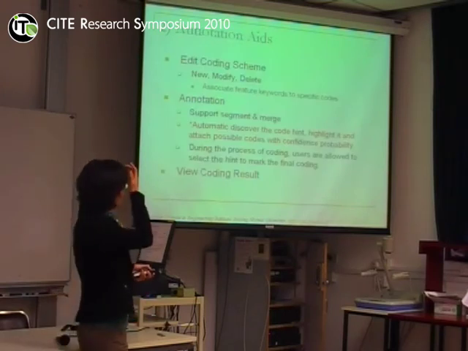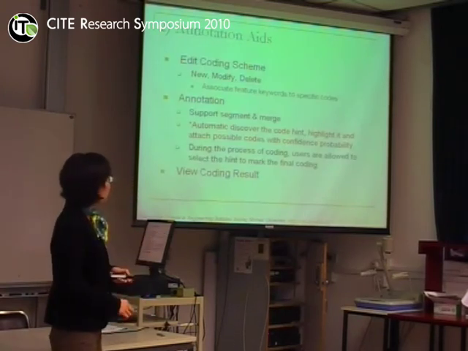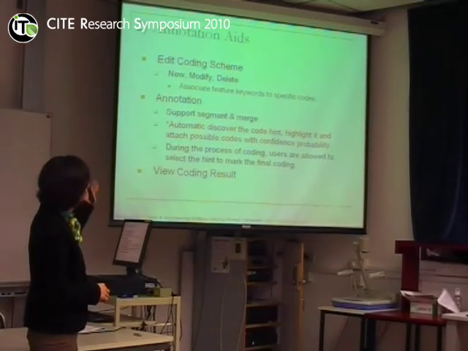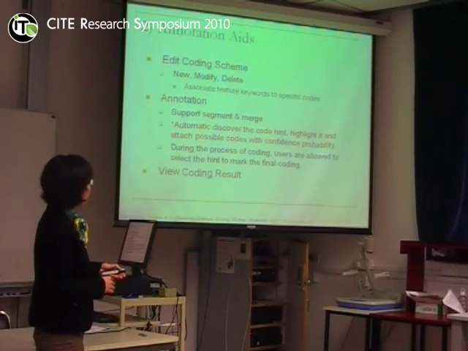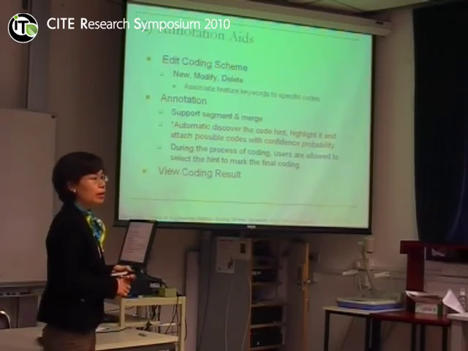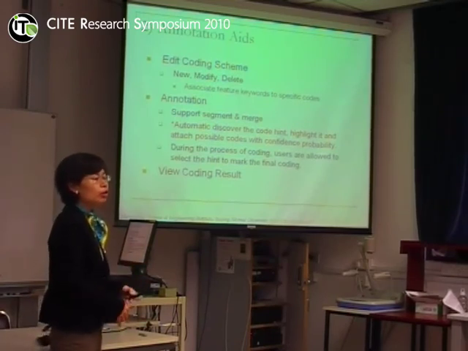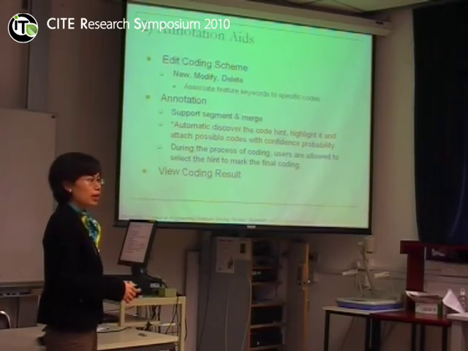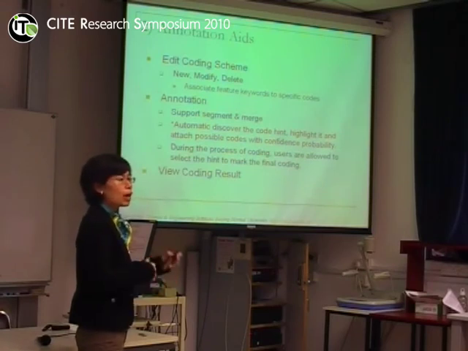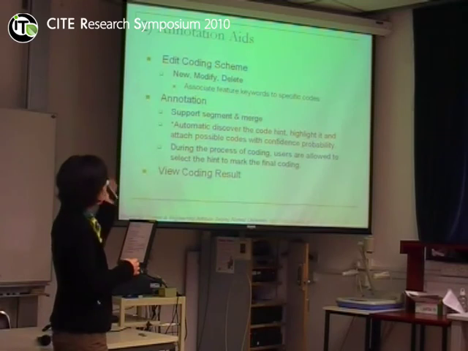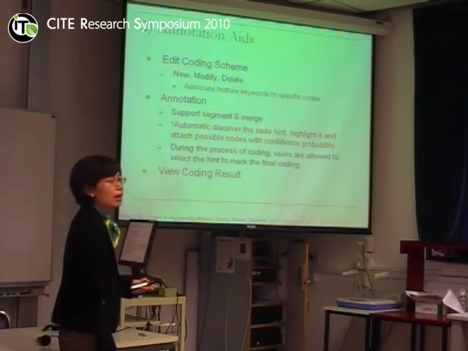And the second is annotation aids, and there are three functions. The first is editing the coding scheme. If you have done similar work, you know the coding scheme is the categories you are very interested in and want to discover from the interaction discourse. So it is defined by the researchers themselves.